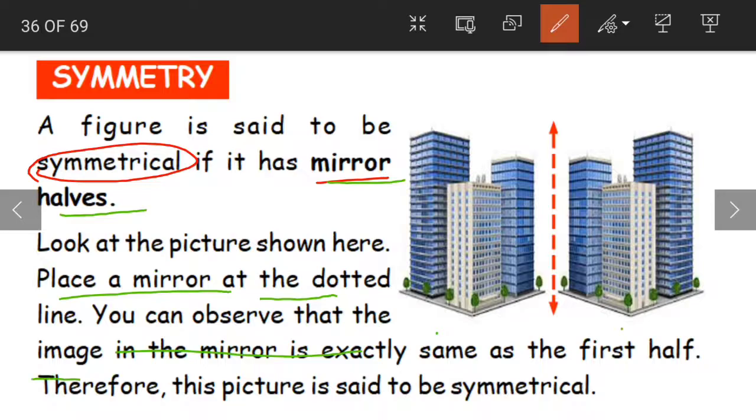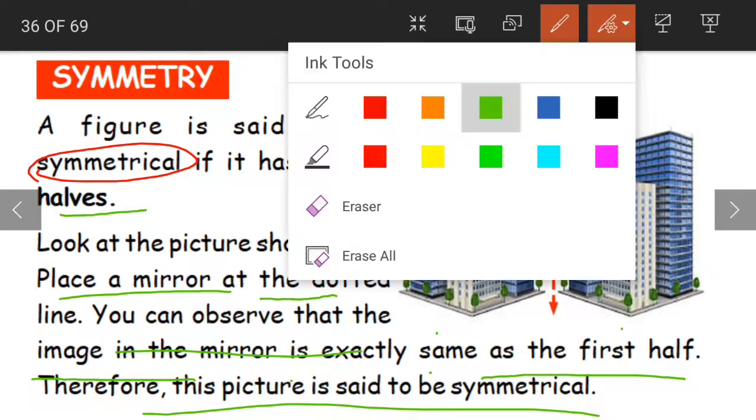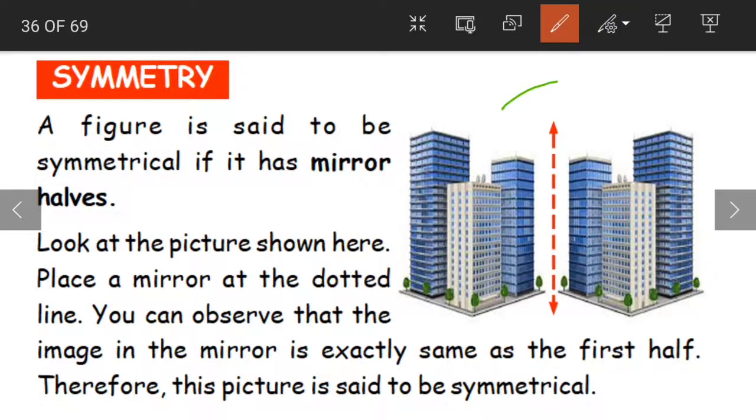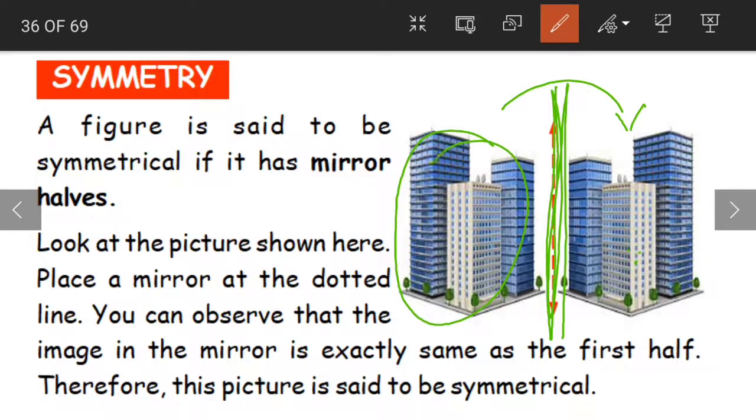You can observe that the image in the mirror is exactly the same as the first half. Therefore, the picture is said to be symmetrical when the other half of the image is the mirror half. That means if you place a mirror here and look, okay children, we can see this part's reflection in the mirror, right?